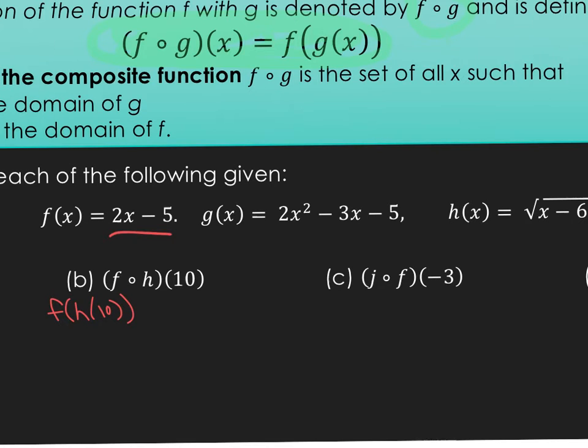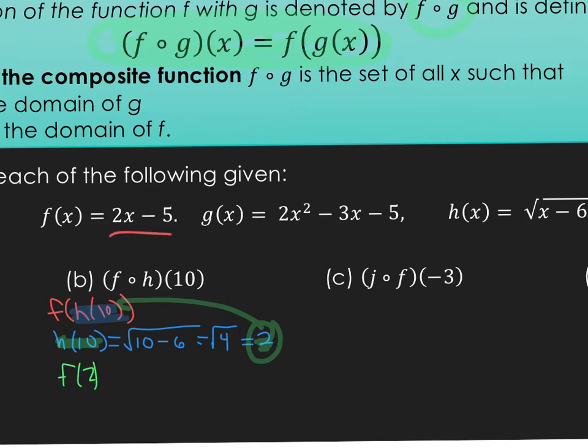The first thing we will do is find h of 10. So we'll have the square root of 10 minus 6, which is the square root of 4, which is 2. Now, notice that we have h of 10 is 2, so I'm going to replace the h of 10 with a 2. In other words, what we're really finding is f of 2.